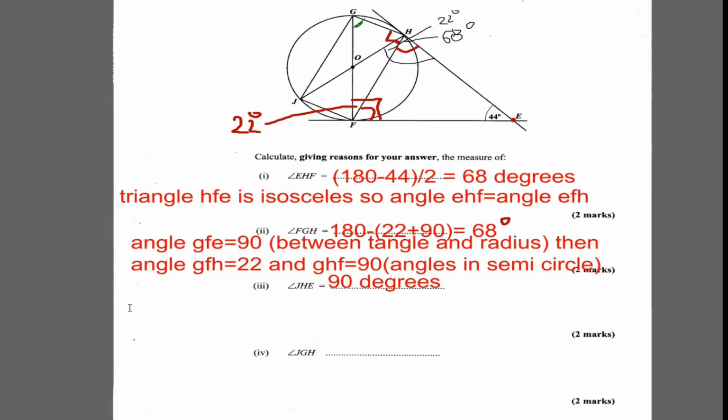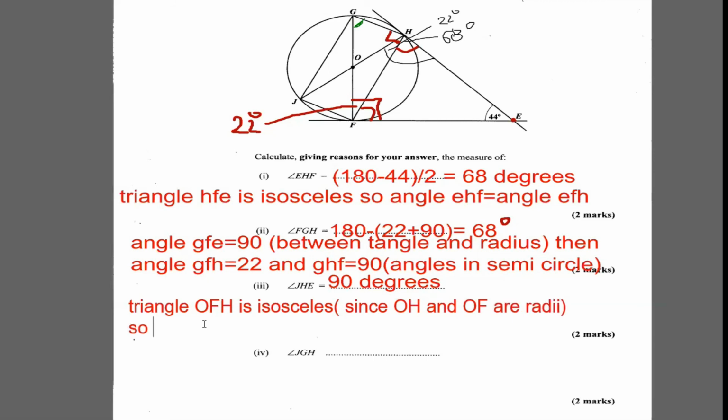Why is it 90? You give them your reason. You can tell them triangle OFH is isosceles. This is isosceles since OH and OF are both radii.